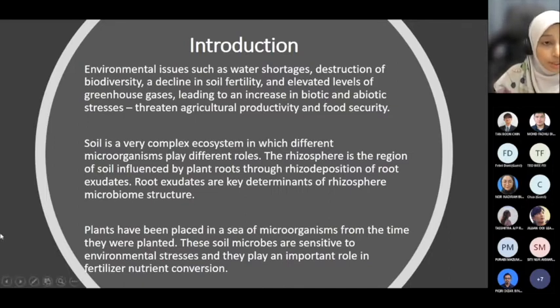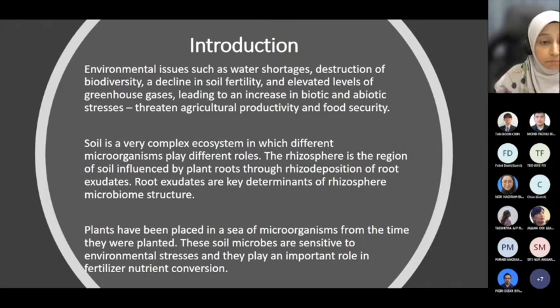And we know that soil is a very complex ecosystem in which different microorganisms play different roles towards promoting plant growth and yield. So the rhizosphere is the region of soil influenced by plant roots through rhizodeposition of root exudates, and these root exudates are the key determinants of rhizosphere microbiome structure.